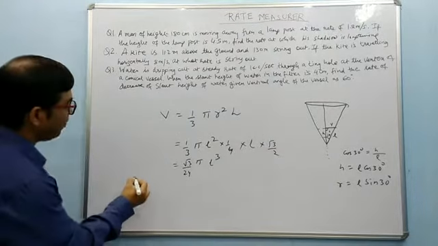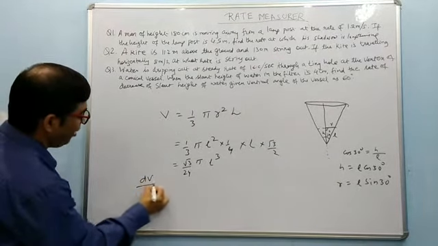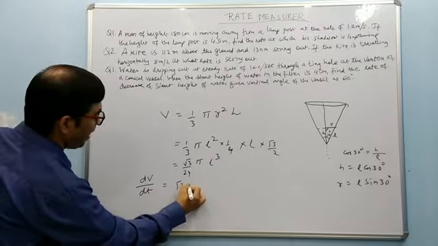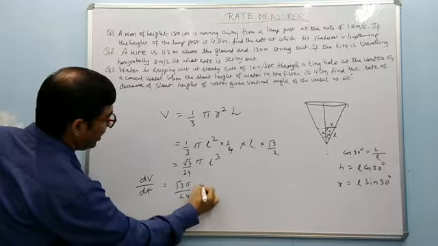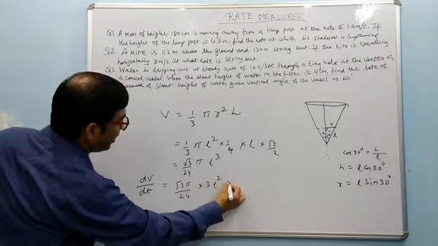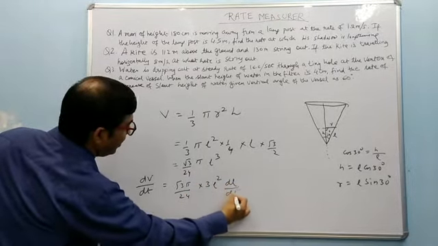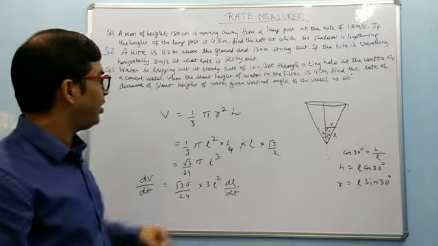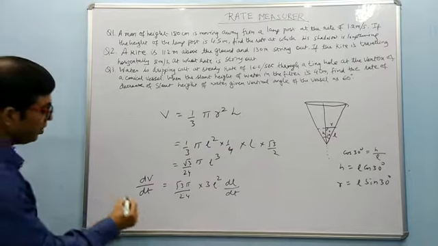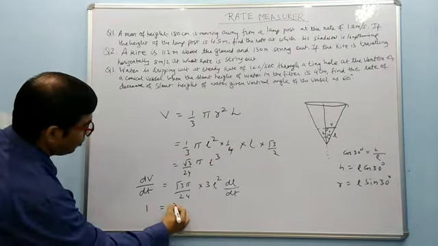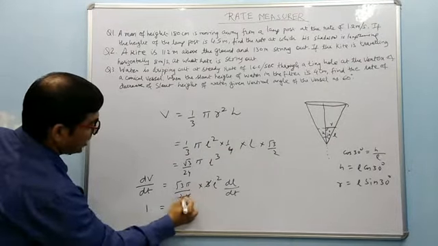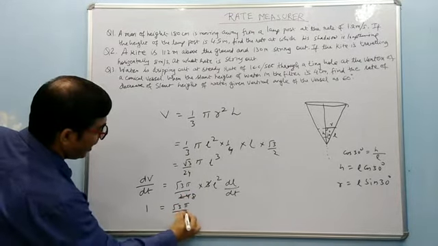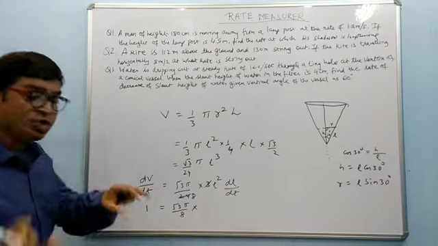Now you just differentiate with respect to t. So dv by dt is going to be root 3 pi by 24 into 3L square dl by dt. Now you see that dv by dt is given as 1 cubic centimeter per second. So 1 is equal to, if you just cancel out, root 3 pi by 8 into L square.